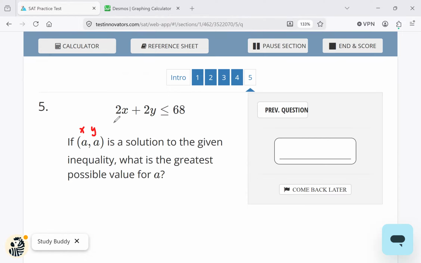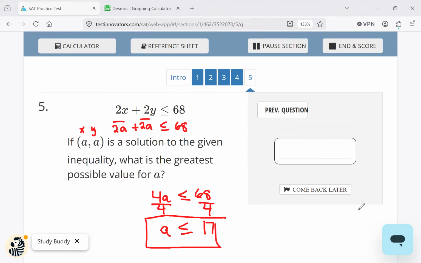So if I plug that back in, it'd be 2 times a plus 2 times a is less than or equal to 68. 4a is less than or equal to 68. Divide by 4, and you get a is less than or equal to 17.